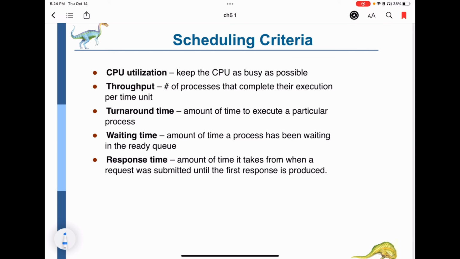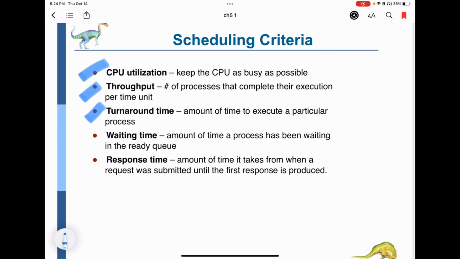Okay, we need the CPU utilization. Ang goal natin is to keep the CPU as busy as possible. Throughput, number of processes that complete their execution per time unit. So, itong throughput, mas paramihan ng matapos na process.